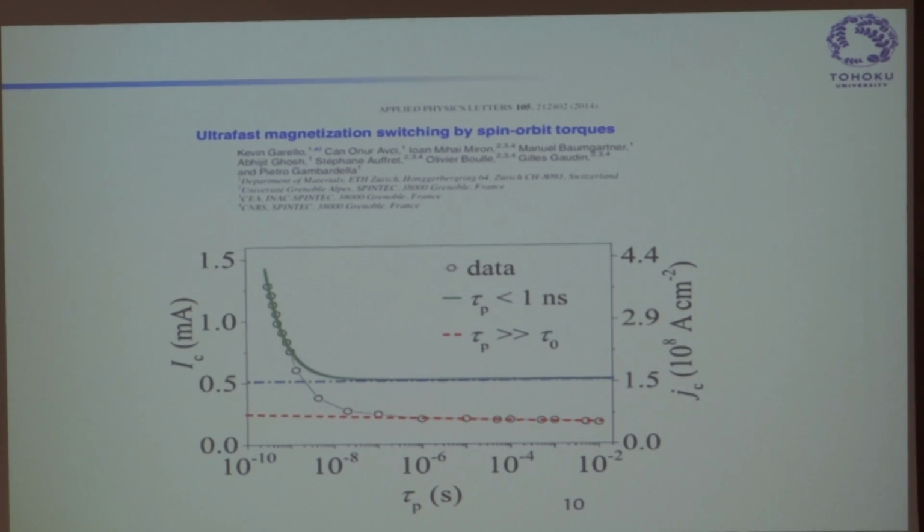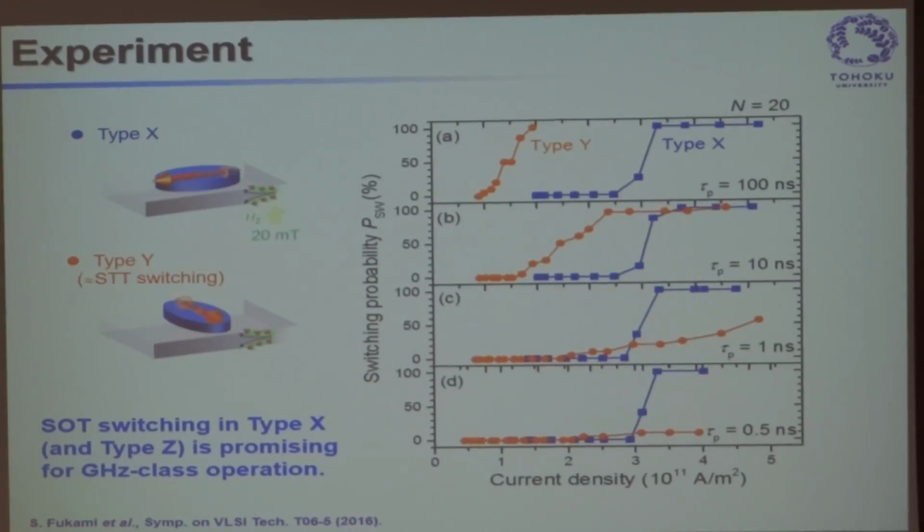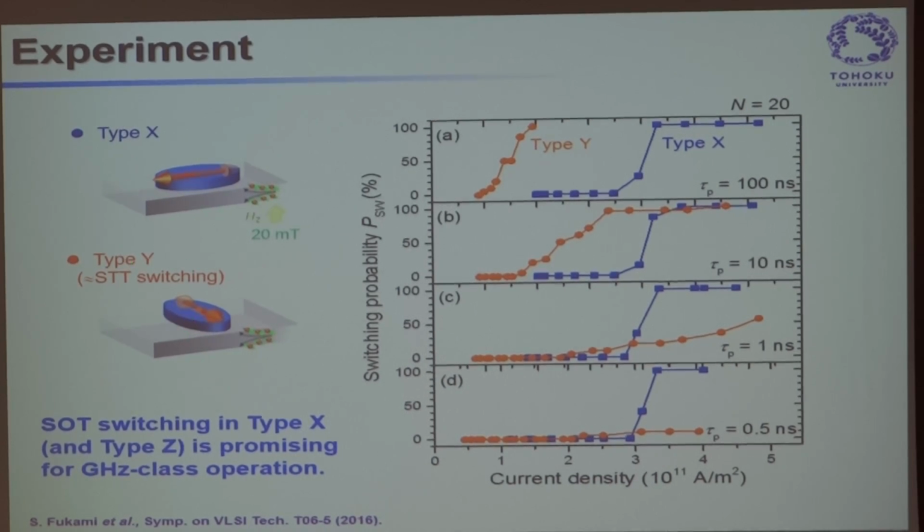So we wanted to see if this is indeed the case. And again, I just want to emphasize that we are making type X and type Y from the same wafer. The only difference between the two is that it's just rotated 90 degrees.